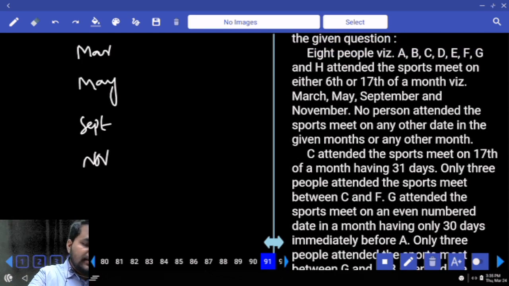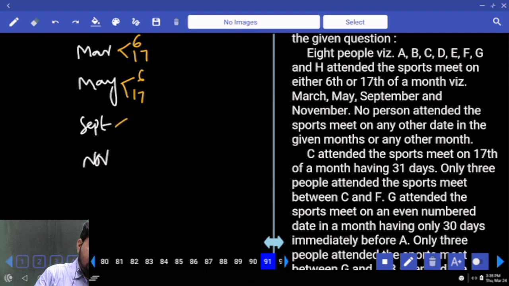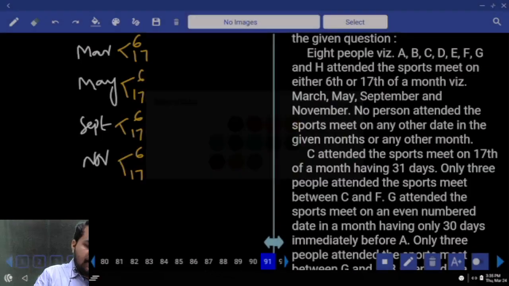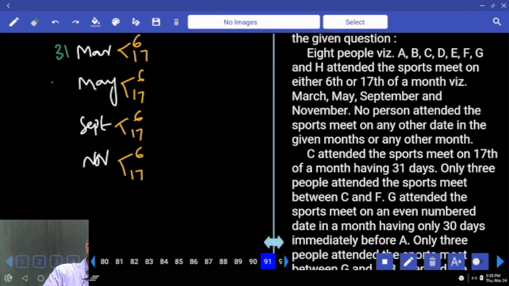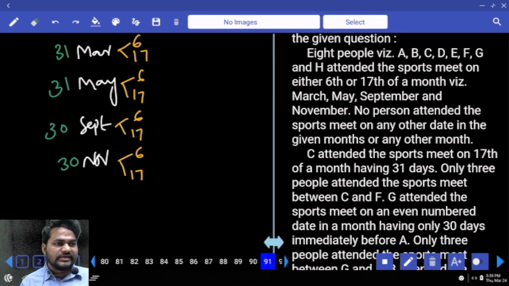Dates are 6th and 17th: March 6th, March 17th, May 6th, May 17th, September 6th, September 17th, November 6th and November 17th. March and May have 31 days each, September has 30 days and November also has 30 days.